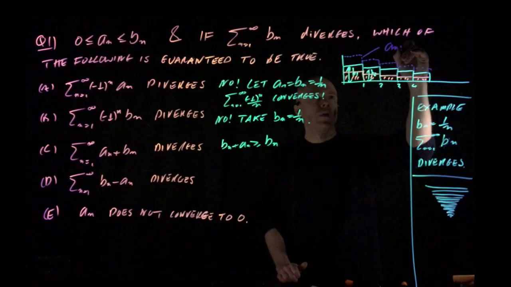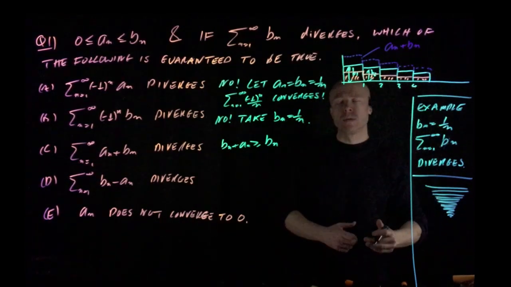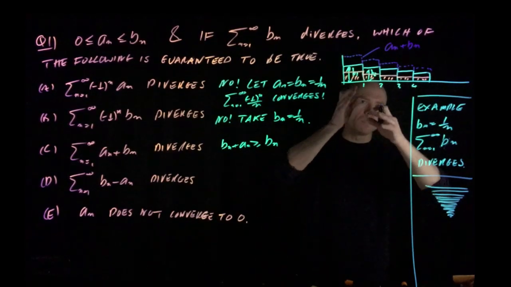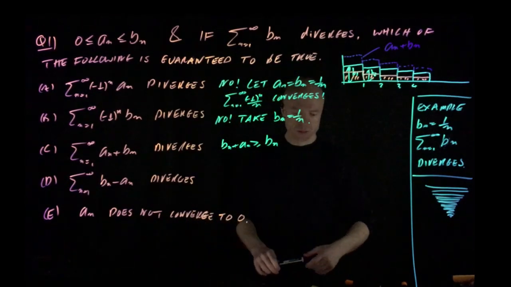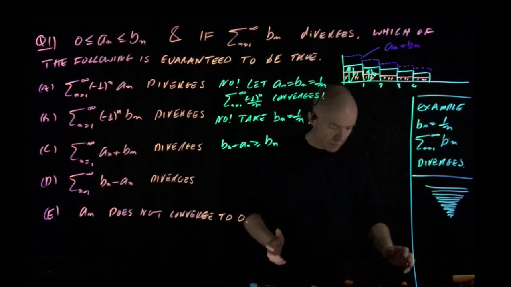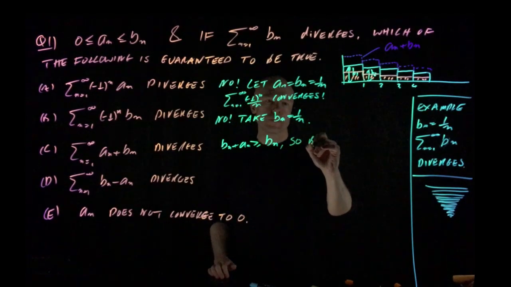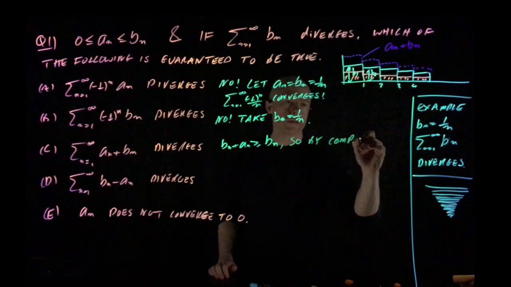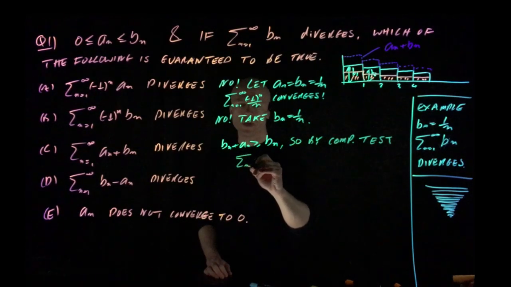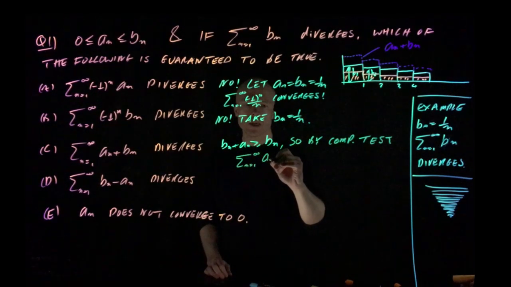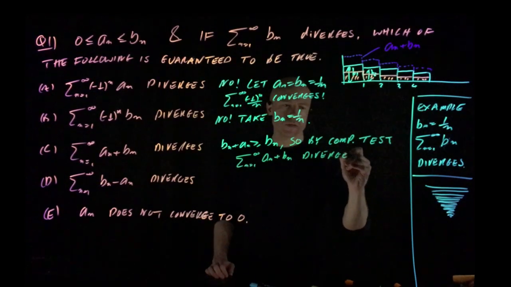Since these blue blocks contain the green blocks, and the area of these green blocks, as we sum from 1 to infinity, is infinity, then the area of these blue blocks is infinity. In the language of math, that's the so-called comparison test. So, by comparison test, the sum from n equals 1 to infinity of An plus Bn diverges. So this is true.